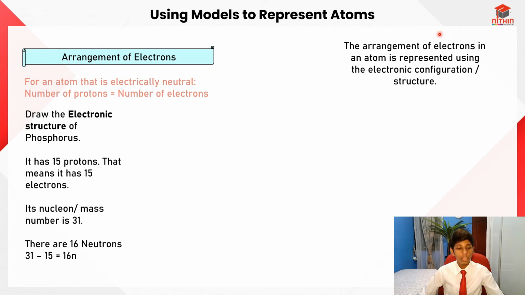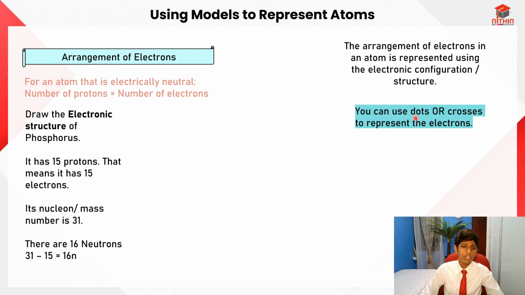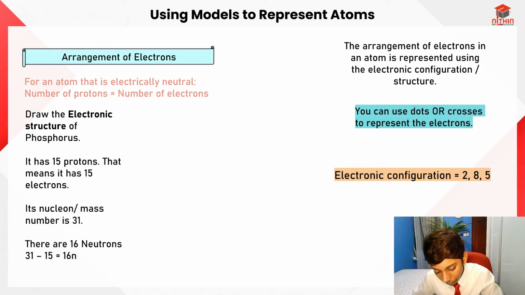Okay, and then the arrangement of the electrons in the atom is represented using the electronic configuration structure, and you can use dots or crosses to represent the electrons. So the electronic configuration is 2, 8, 5. Why is this so? Since it has 15 protons, it means that it has 15 electrons.